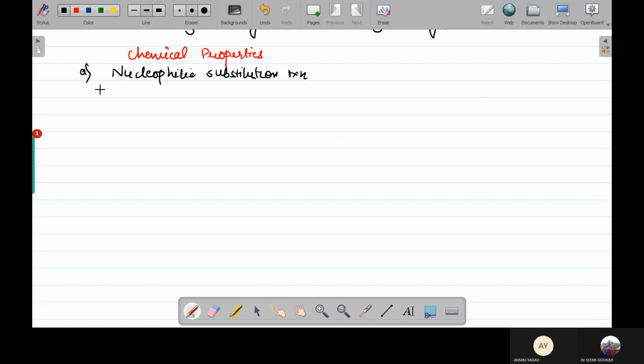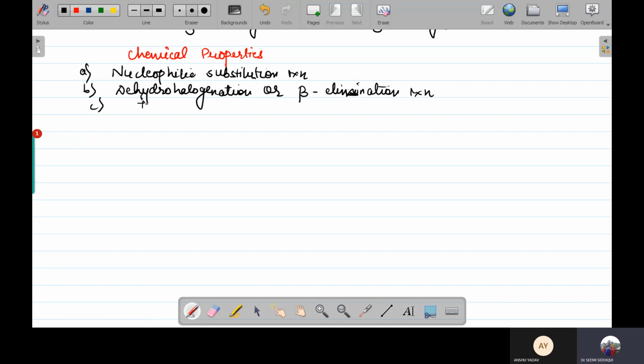Then the second thing is dehydrohalogenation. This dehydrohalogenation is also known as a beta elimination reaction. And the last is the reaction with metal.